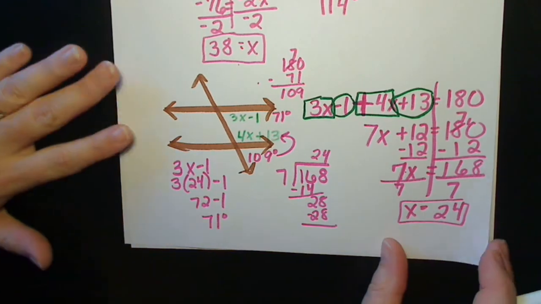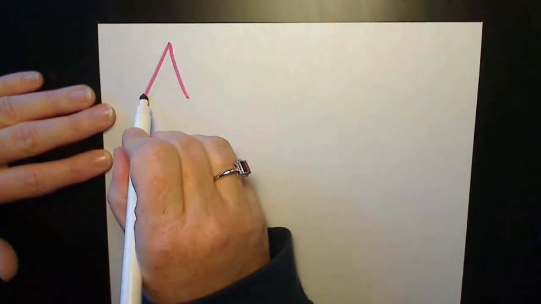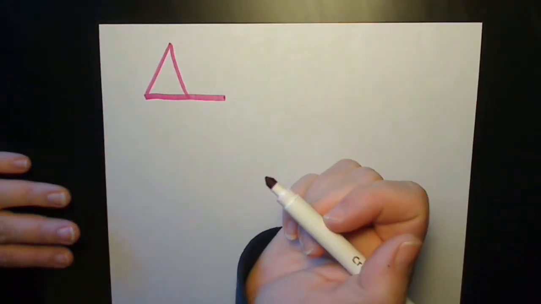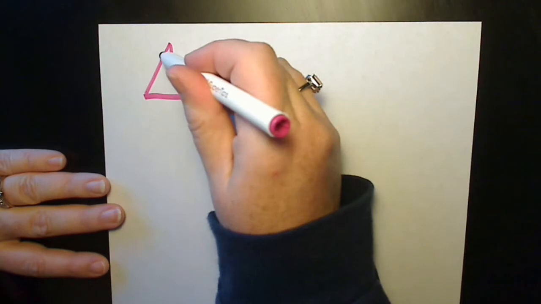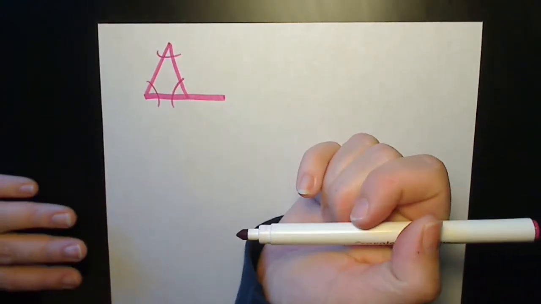Okay, next, let's look at an example with triangles. Every triangle you have has a sum of 180 degrees. So this angle plus that angle plus that angle equals 180.